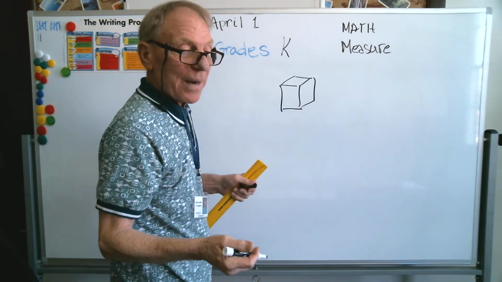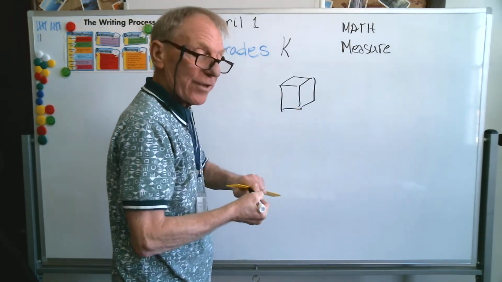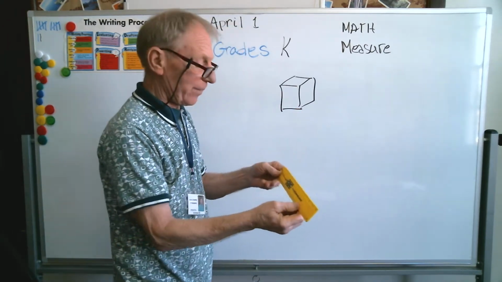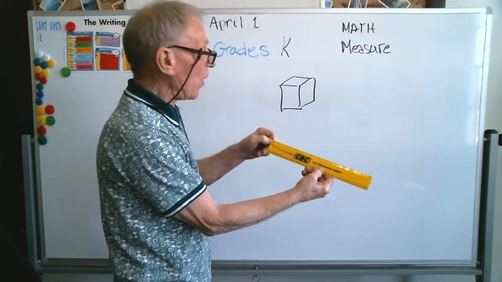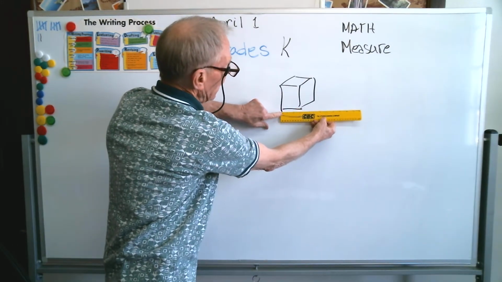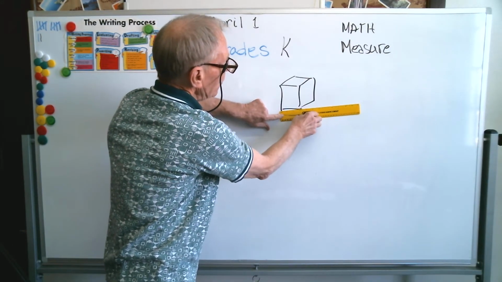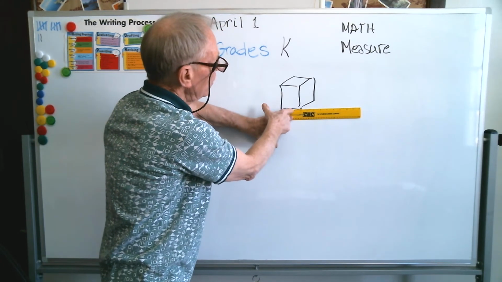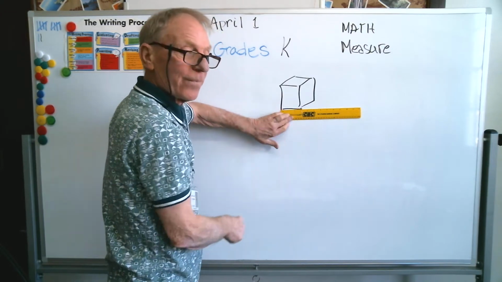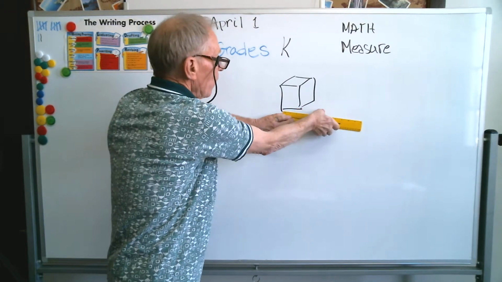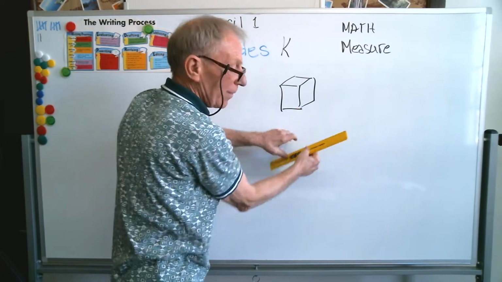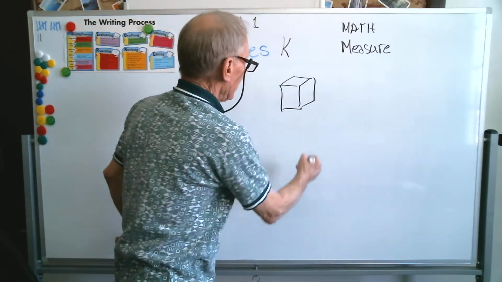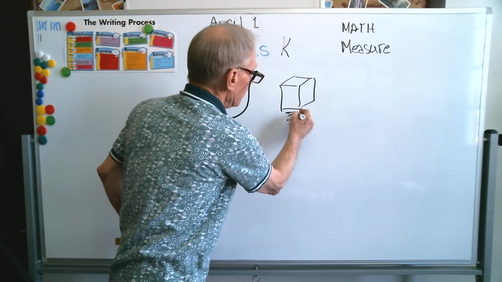What we want to think about, if we're going to measure this, is how we use the ruler. Starting at 0, you put 0 right at one edge of it, and then you look at your ruler, and you see it goes 1, 2, 3. So my box is 3 inches.